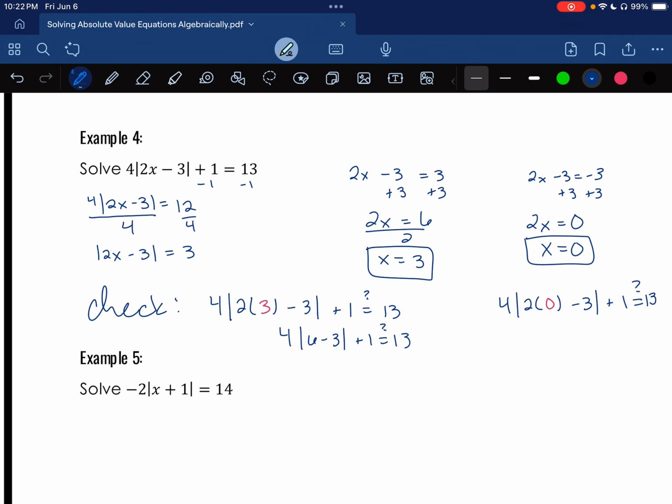Well, 6 minus 3, that's going to be 3. Absolute value of that will be 4 times 3, which is 12, plus 1. Hey, that is 13. That works. Cool. This is going to become 4 times the absolute value of negative 3 plus 1. Trying to see if that's equal to 13. And lo and behold, this is going to become positive 3 times 4, which is, again, 12 plus 1. Gets me that 13.